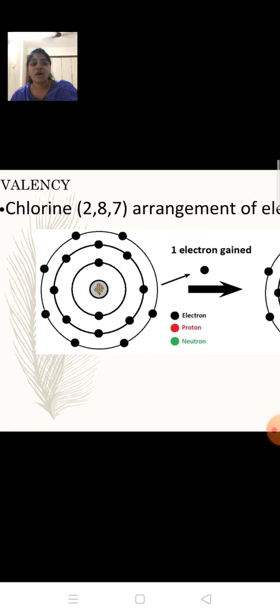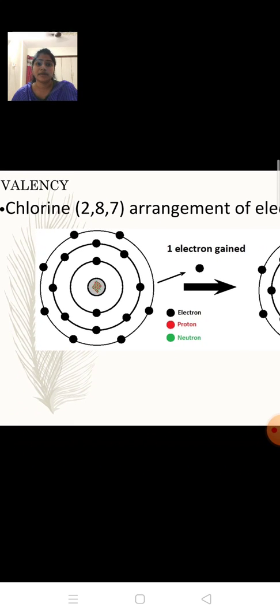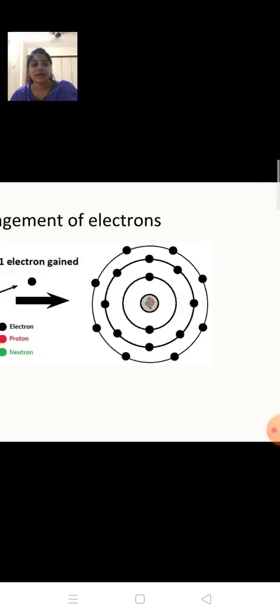So chlorine will accept 1 electron, and the last shell will have 8 electrons and achieve stability. The valency of chlorine will be -1 because it gained 1 electron and has a negative charge.